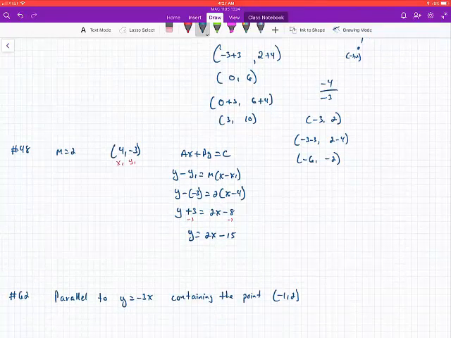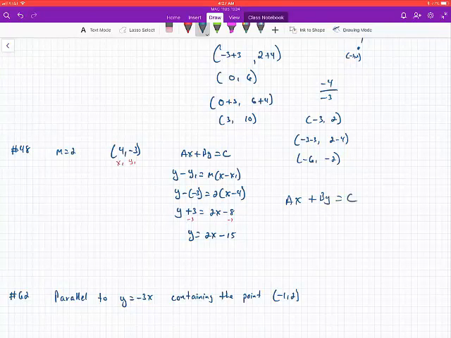So this is the slope-intercept form. Now, we're going to go ahead and write it in the general form or the standard form. So remember, I need it to look like ax plus by is equal to c. And so if you notice for this one, all I have to do is just subtract the 2x from both sides, right? And so we're going to end up with negative 2x plus y is equal to negative 15.